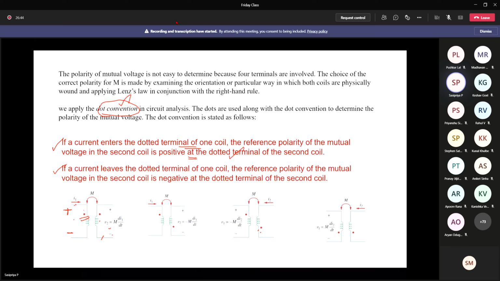Let me repeat. So here we have two possibilities. At the dot side, we have either an entering current or a leaving current. Based on that, we have two statements.